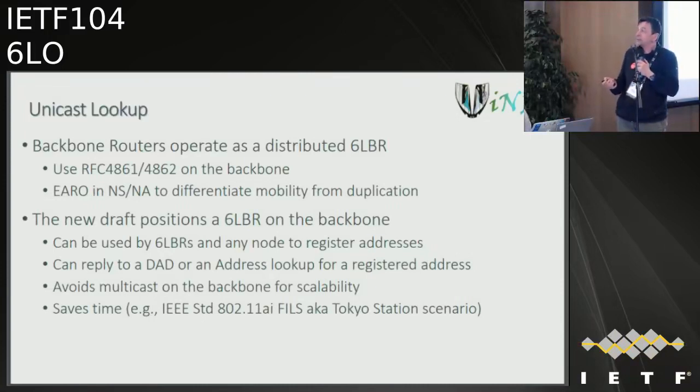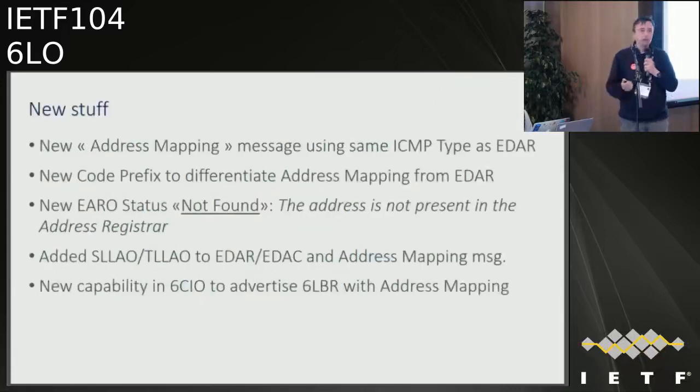So how it's done is we have a new address mapping message, and if you look deep into how RFC 6775 did things, 6775 defined this duplicate address registration message that I showed you on the flows before. It's consuming a single ICMP type just for that. It's kind of a waste. So what we are doing here is, inside this type that was reserved for duplicate address, we provide a new code.